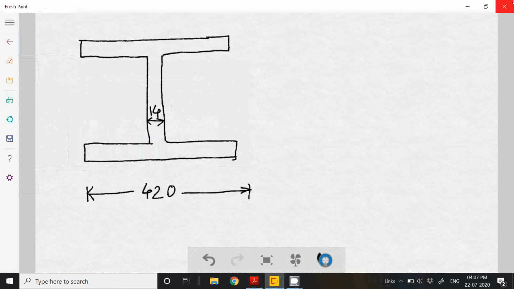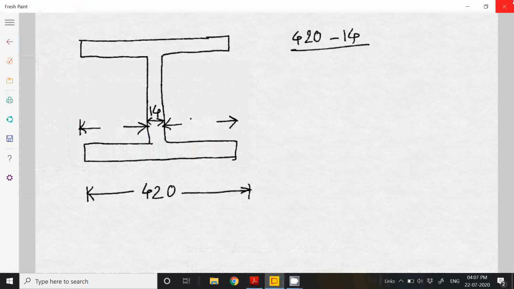How much portion is extra here? That portion is 420 minus 14 by 2, isn't it? So it is 203. So this you can write 203.